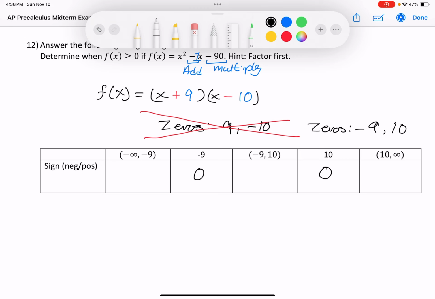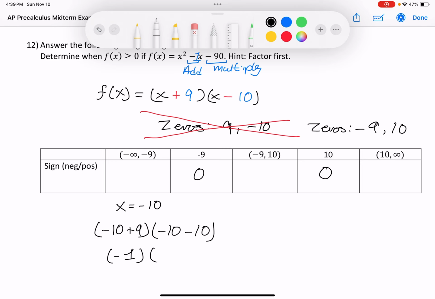We're going to choose a number between negative infinity and negative 9. Let's go x equals negative 10. And we're going to plug it into the factored form of our polynomial. I just want to find the sign of the polynomial. So that's going to be negative 10 plus 9 times negative 10 minus 10. Negative 10 plus 9 is negative 1.